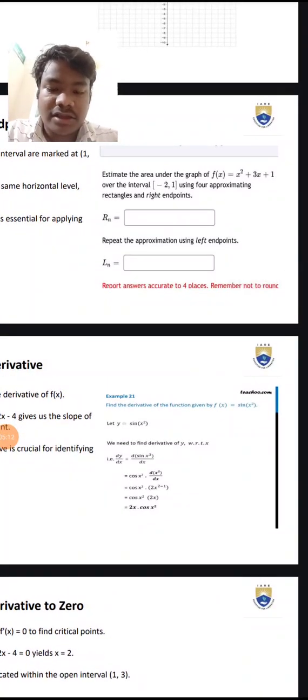Here is example 21. Find the derivative of the function given by f of x equals sin x square. So let y equal sin x square.